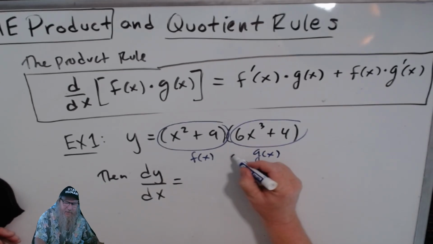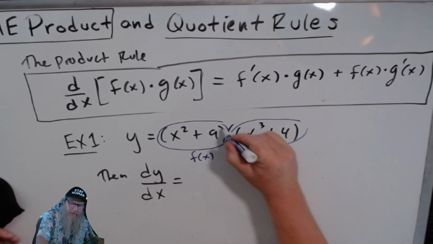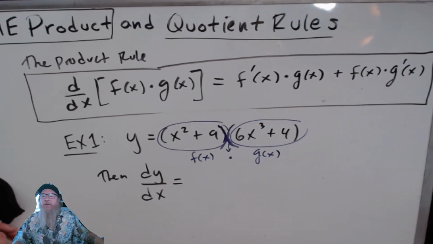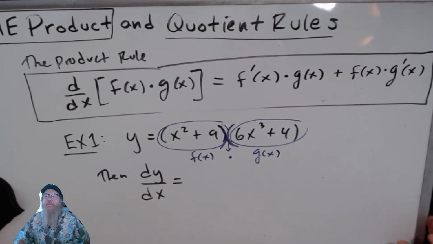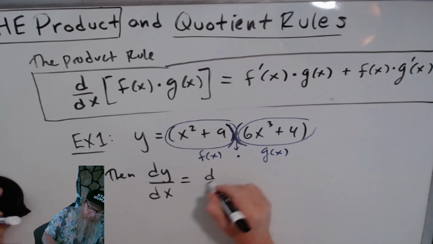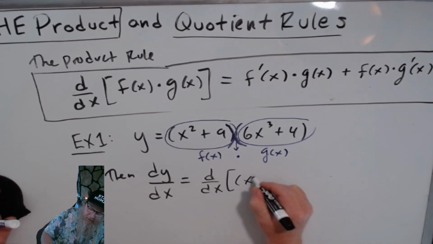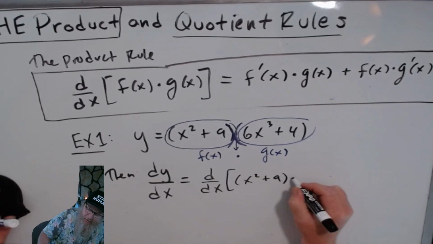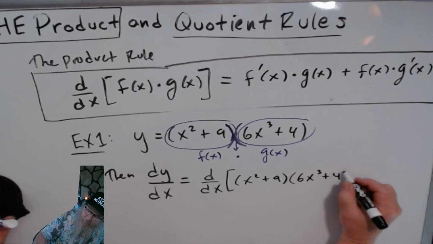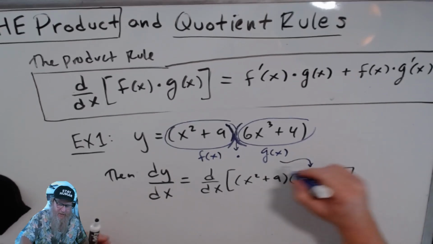And the parentheses mean they're being multiplied. So this would be the derivative of x squared plus 9 times 6x cubed plus 4. Again, this is f and this is g.